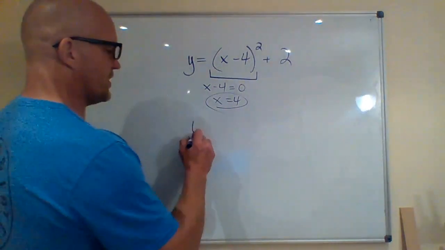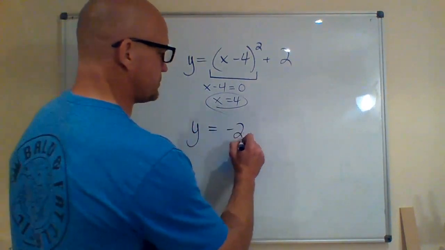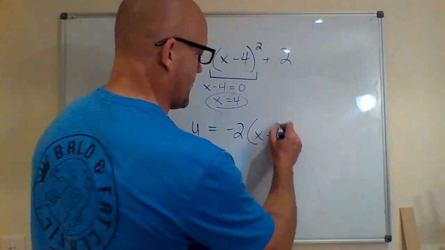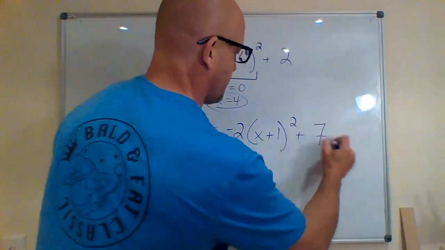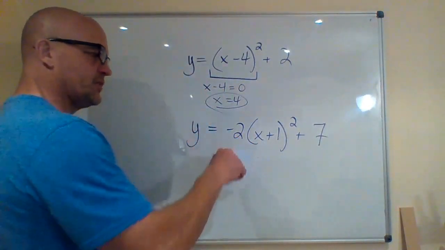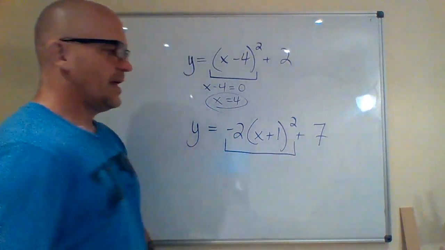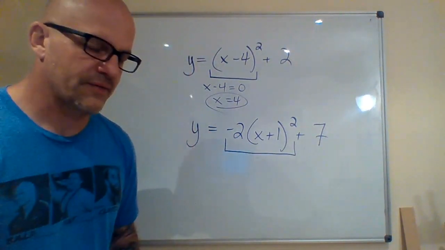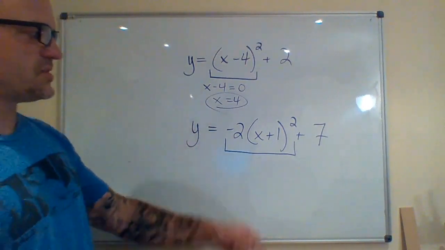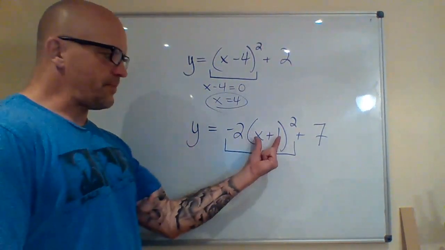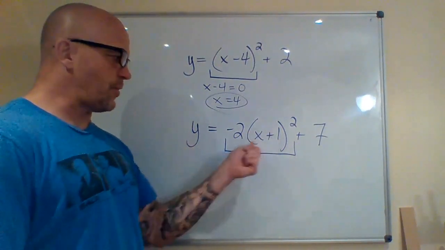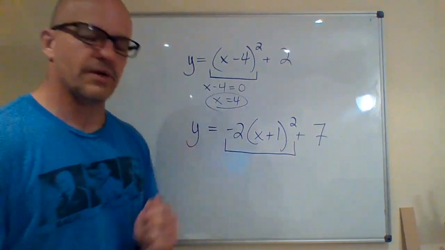Likewise, if we had something like this, now that I have that -2 in front, I recognize that this here will always be negative. Unless, of course, it turns out to be 0. Whatever I put in here, I'm going to square it, it's going to be positive, but when I multiply it by -2, boom, negative.